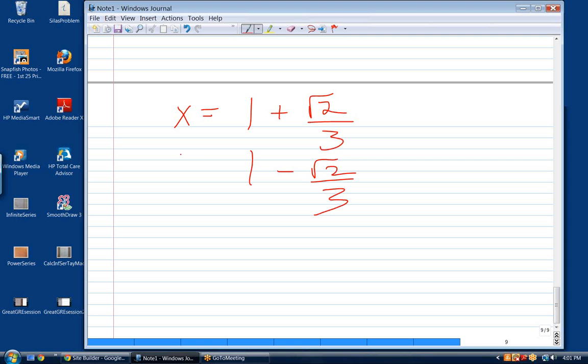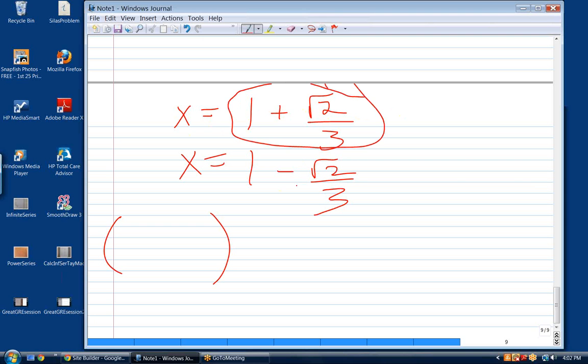We're going to do the same thing. What are the linear factors? If this is the solution, then the factor is x minus that.